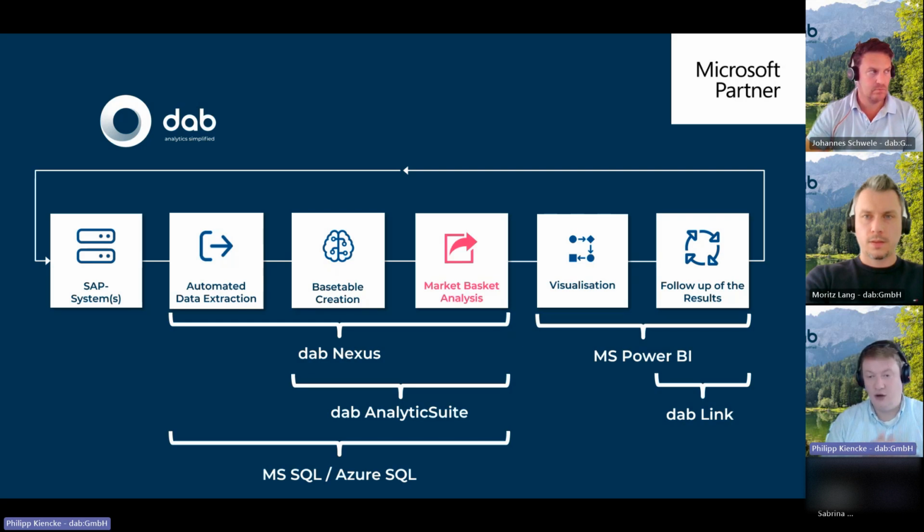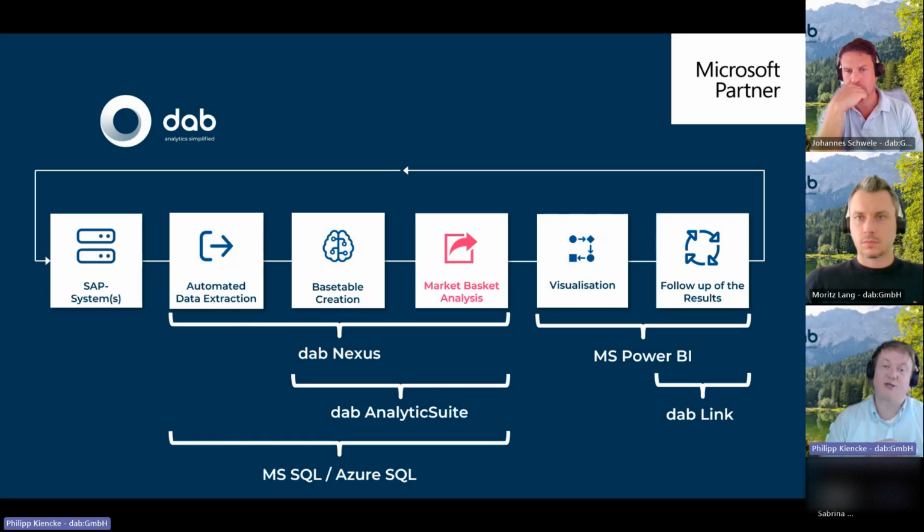Like you might know, when we talk about general ledger, we talk about BSEG, BKPF, and so on and so on. That in mind helps us to understand that, by only having the raw data tables, we cannot run a market basket analysis. That's why we create so-called base tables, or just simple data products for general ledger bookings.